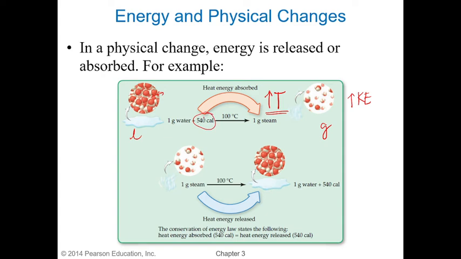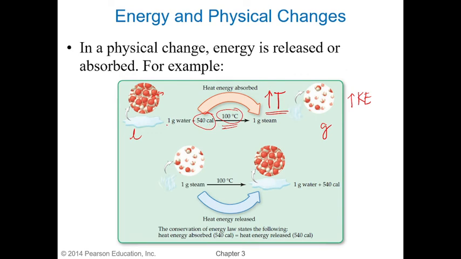So, ito, yung tinatawag natin 540 calories. So, calories is the measure of energy. So, you need to add 540 calories of heat in your 1 gram of water. So, if you have 1 gram of water, that will change to gaseous form if your temperature is 100 degrees Celsius and you supplied 540 calories of heat.